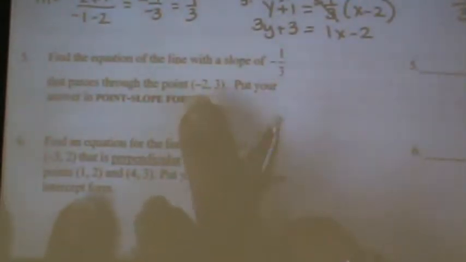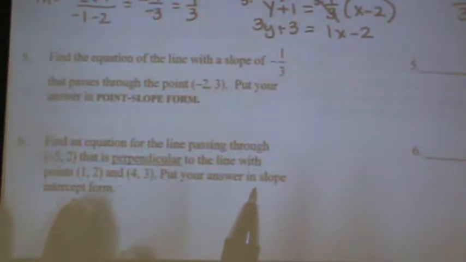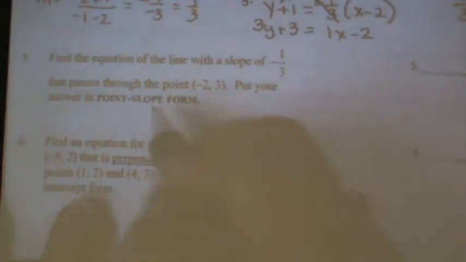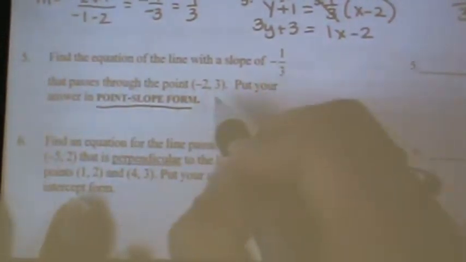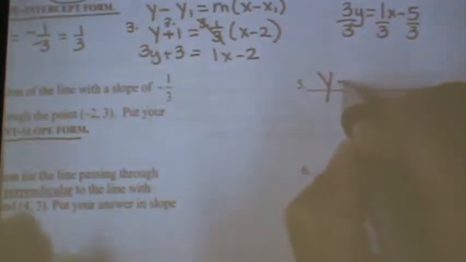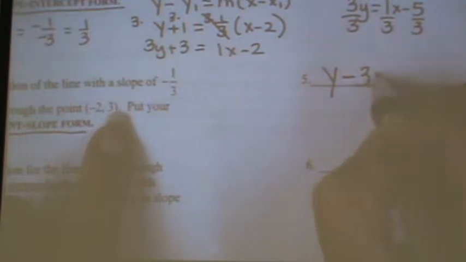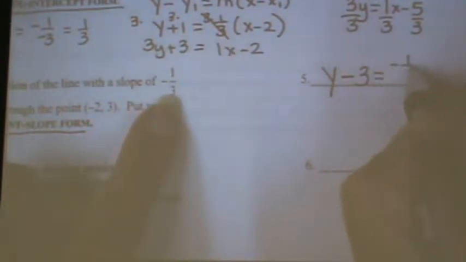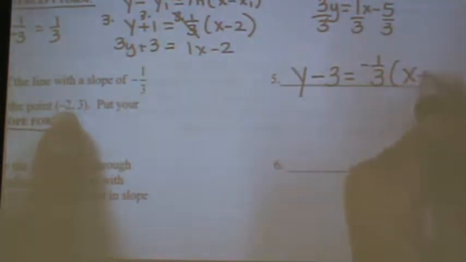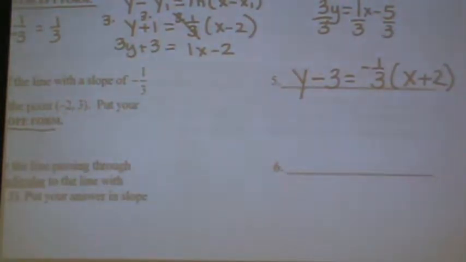Now this is an easy one. How do you find the equation in point slope form if you're given the point and a slope? Very easy. y minus 3 equals -1/3 times x minus -2, which would be plus 2. Done.